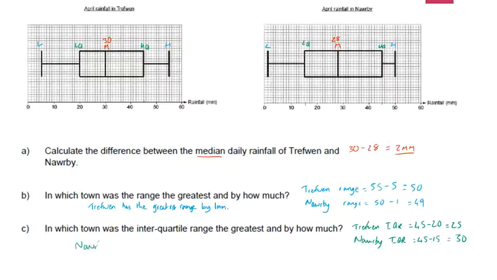Let's write that as a sentence: Newbury has the greatest interquartile range, I'm going to just write IQR in short, by, let's have a look at the gap. Between 25 and 30, there's a gap of 5, by 5 millimeters.